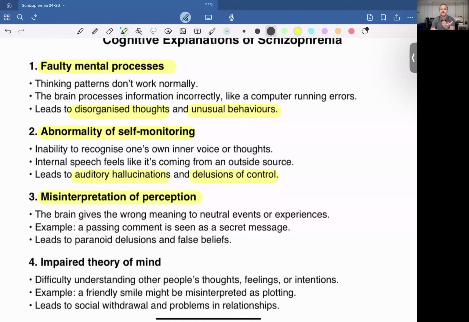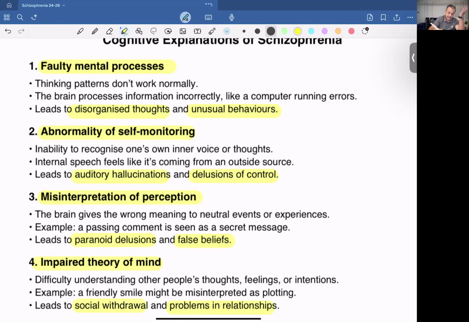You misinterpret their intentions, which might lead to paranoid delusions or you holding false beliefs. Number four, impaired theory of mind, where you experience difficulty understanding other people's thoughts, feelings, or intentions. An example, a friendly smile might be misinterpreted as plotting. This leads to social withdrawal and problems in relationships.